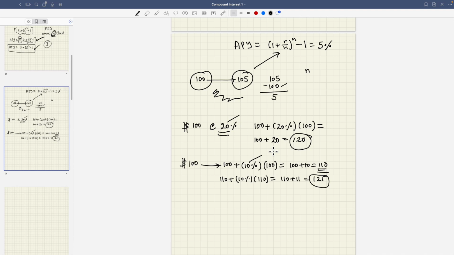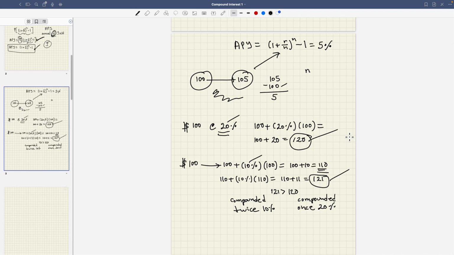There's a limit to that, but anyways, at least it shows that the more times you compound, see here I compounded twice, I get $121 total. Whereas over here I just compounded once, I get 120. Clearly 121 is greater than 120. Here I compounded twice, 10%, and here we just compounded once, 20%.